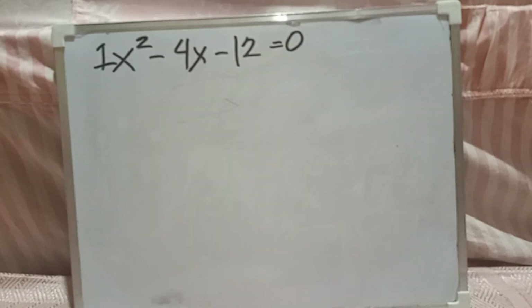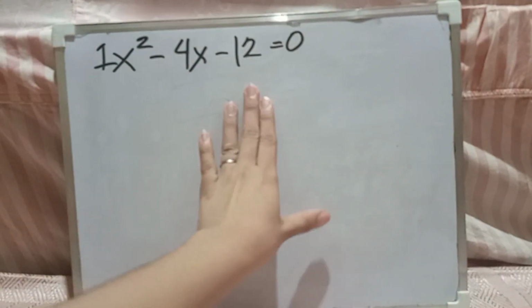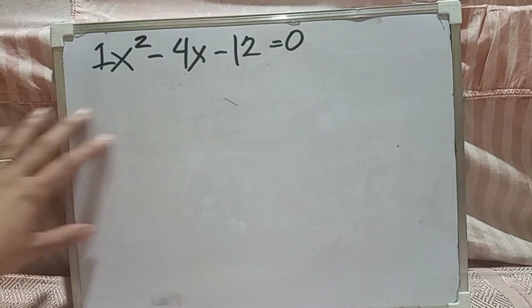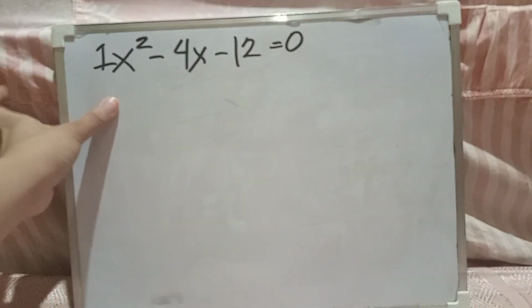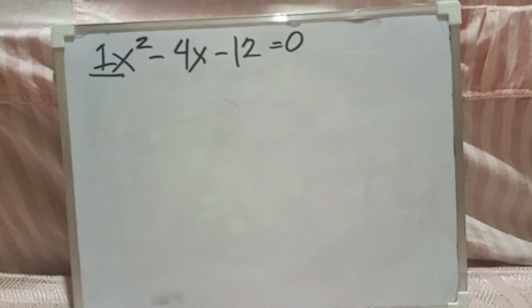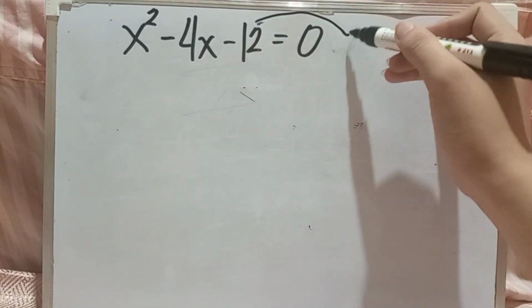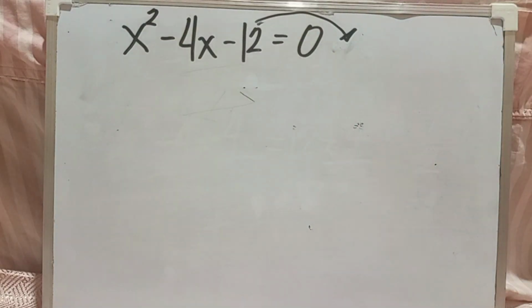We have here x squared minus 4x minus 12 is equal to 0. Our coefficient of x squared is 1. What I need to do now is to transpose the constant to the other side of the equation. So we need to transpose the negative 12 to the other side.